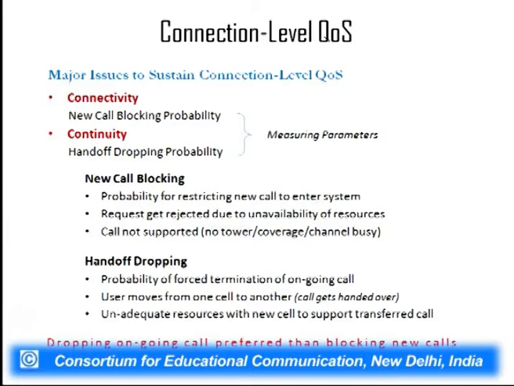If this new station does not have enough resources to support the ongoing call, then the call will simply get dropped. Or even if its coverage area fluctuates due to some reason, say a noisy channel or interference, in that case also the handoff dropping probability shoots up.